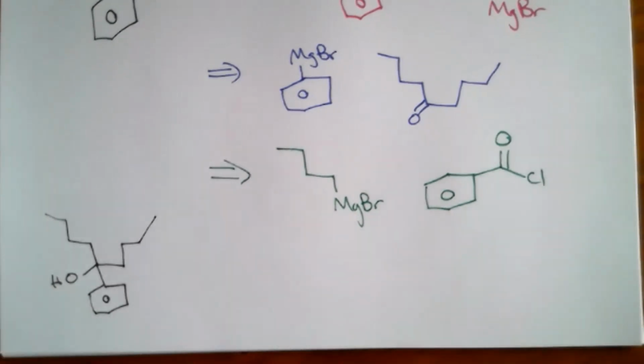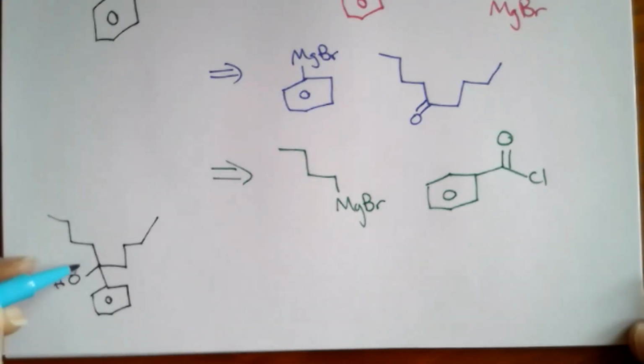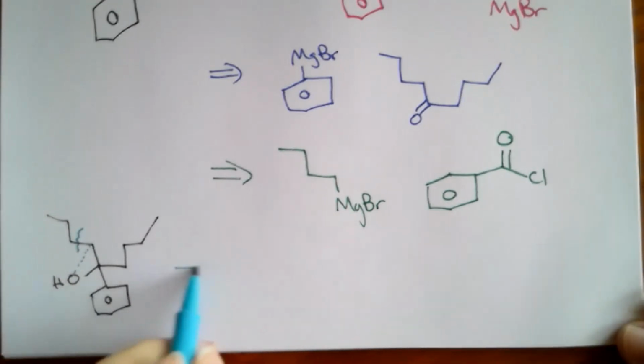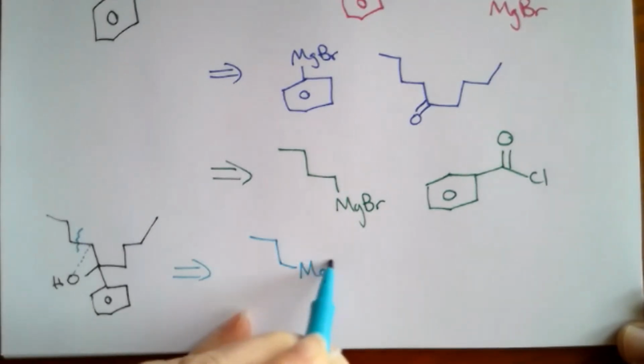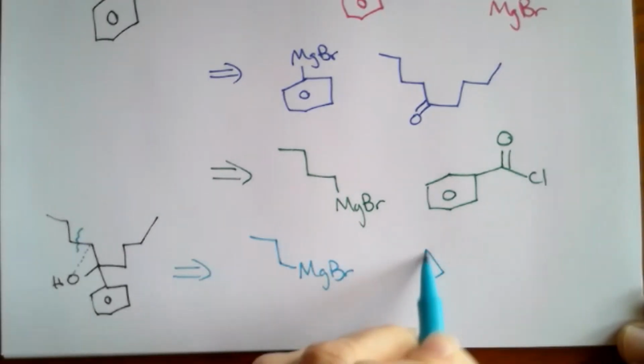So there's my original molecule, and this time I'm going to try to make it out of an epoxide. Remember, epoxides, the oxygen has to have been connected to the next door carbon, and the bond next door to that is the one that has to have been made between the Grignard and the epoxide.